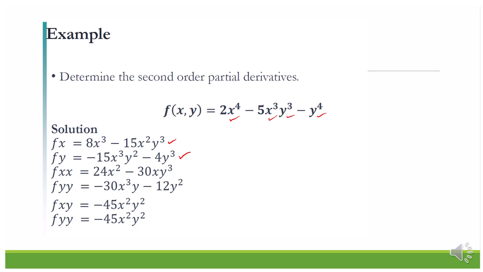Okay, so once we get the differentiation with respect to x, we can differentiate another time with respect to x. Okay, so you can see here, how do we get this is that by taking fx equals to 15x squared y power 3.